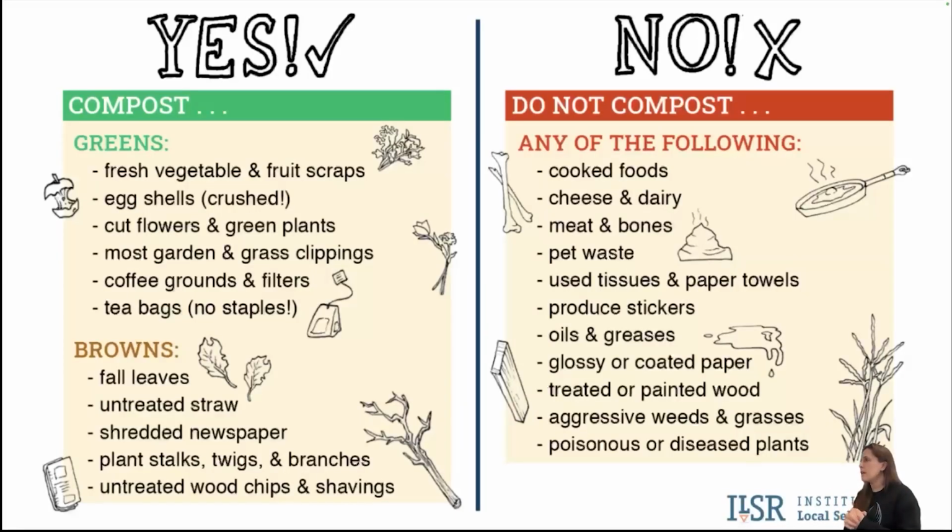So their skin is very delicate. Depending on what's on your used paper towels, you could run the risk of harming your worms. So if you're using paper towels to clean, those cleaning agents can really, really ruin those worms. But what is really cool is cooked foods, cheese and dairy, meat and bones, and then those paper towels are all a really great fit for Bokashi.